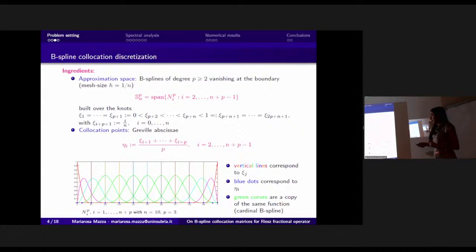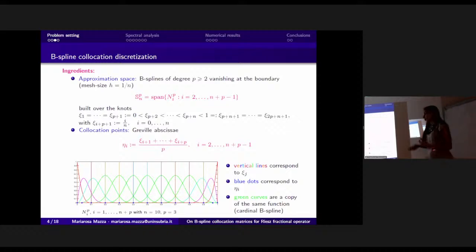So this space S_{n,p} is the span of this set here, the B-splines from the node sequence that has p plus 1 nodes equal to 0, p plus 1 nodes equal to 1, and the rest that is equispaced in (0,1). About the collocation points, a typical choice is to go for the Greville abscissae that are defined from the node sequence in this way.